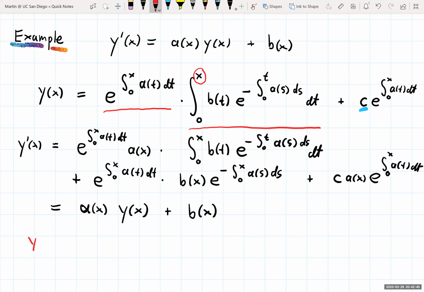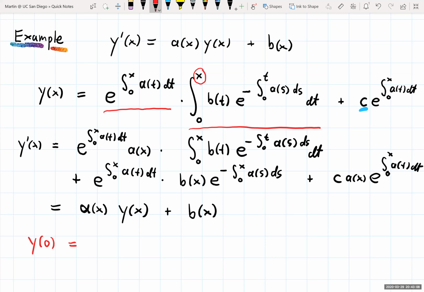And we check that if we just plug in y of 0, then this integral here, the second factor, vanishes. So the only thing that remains is c times the exponential of the integral from 0 to 0 of some function a.